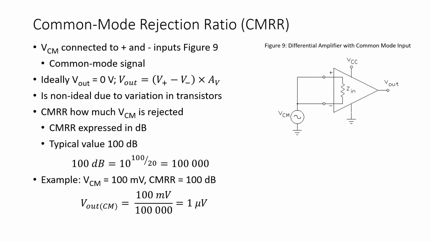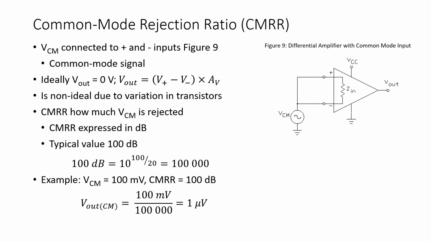If we have the same voltage applied to both input terminals, the output voltage should be 0. However, because of variations in the current gain of the transistors in this amplifier, our output will not be the ideal value of 0 volts. It'll be some other value.